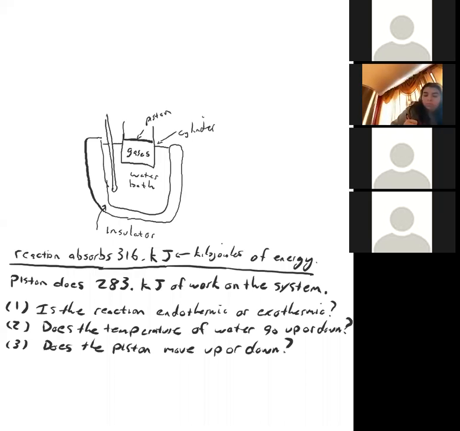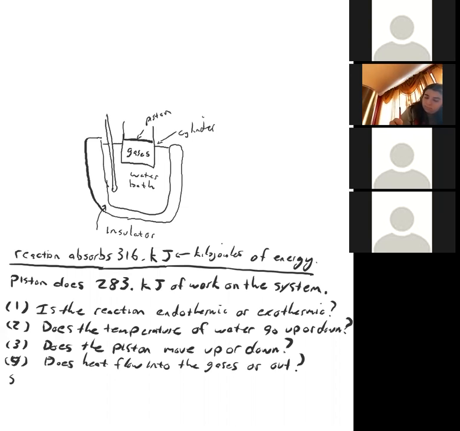And then the fourth one is, actually there's 5 questions. This is 4. Does heat flow into the gases or out? Does it go in or out?